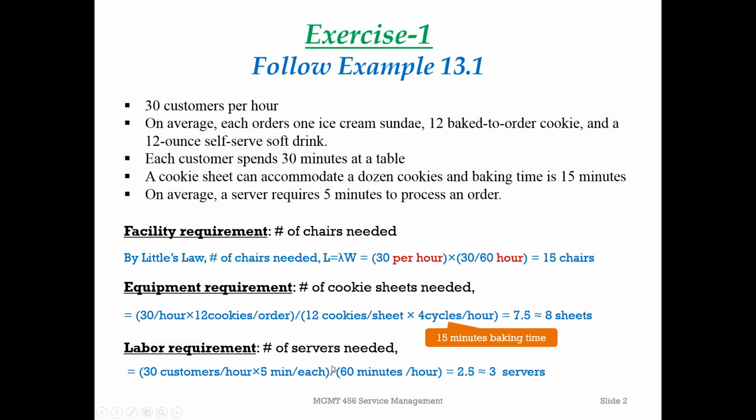So this is how much time we need to provide in total, and this is how much time each server can provide. You do the division and get 2.5. This is how many servers we need to hire. Of course, you cannot hire 2.5 servers, so we have to round it up and get 3 servers. That's how we complete the whole question, simply following example 13.1.